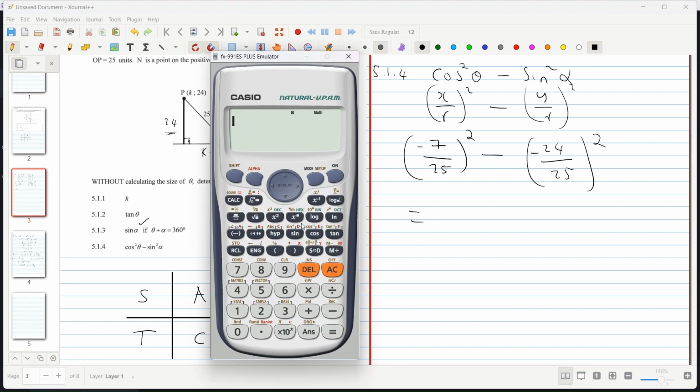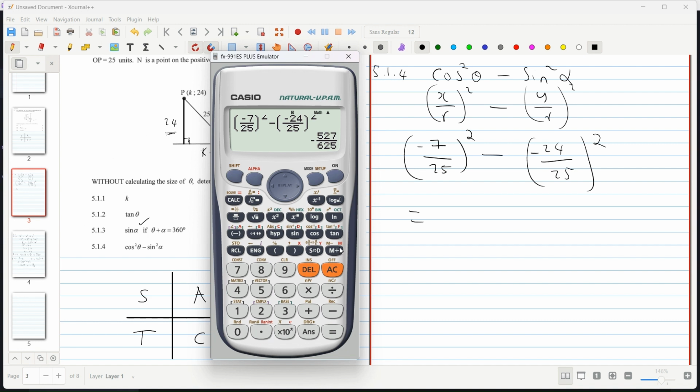So the first one will be negative 7 divided by 25, and we need to square this, then minus negative 24 divided by 25, and we need to square this.